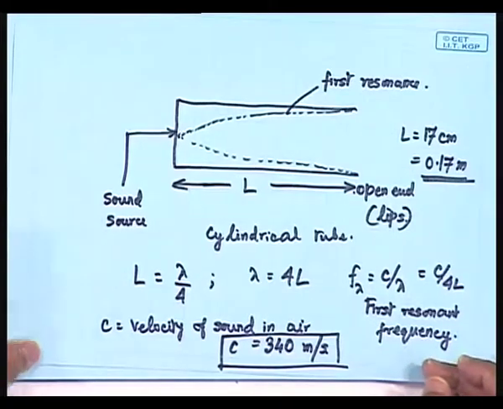Well, that is a big question: how can we take L to be 0.17 meters always? As I was telling you, the vocal tract being a highly articulatory organ, we will always be having some changes in its shape.